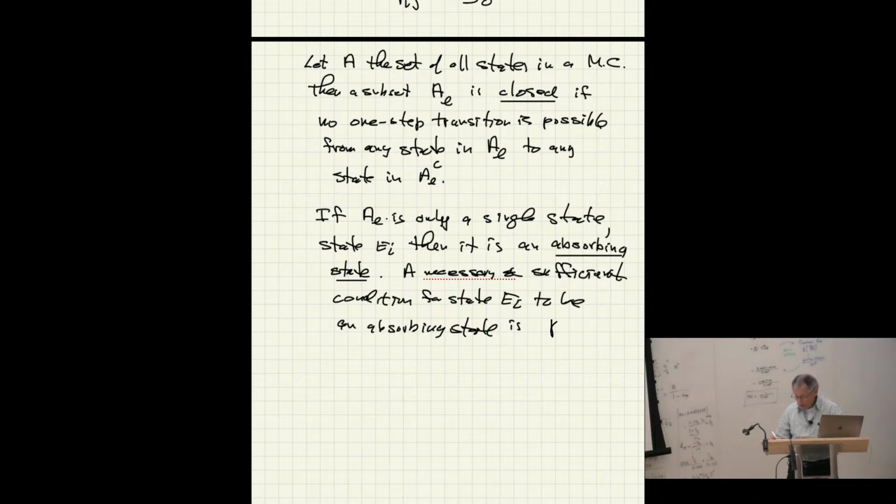It's no surprise that p_ii equals 1. Once you're there, you stay there. So it's sort of a trap, like that state 2 I showed you before.